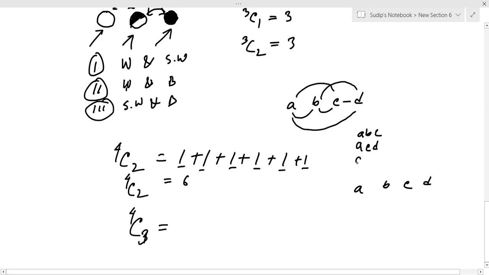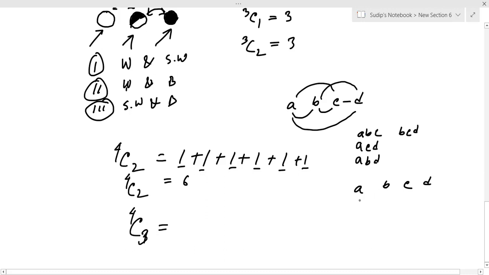You can take ABD, this is another one, and you can take BCD. This is another one. Look carefully, there is no other option you can take.